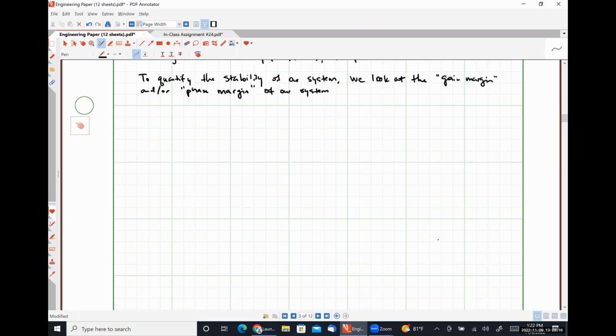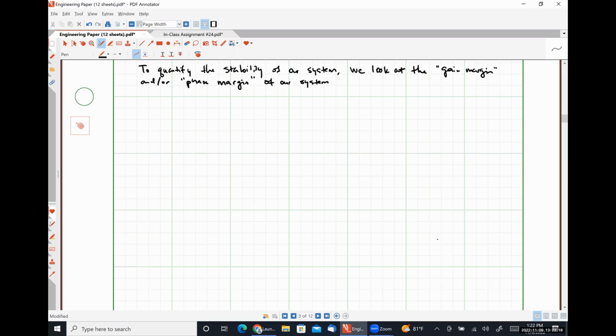So I am going to draw a frequency response plot over here on the right-hand side, and then I am going to define our gain margin and phase margin quantity. So let's say that the vertical axis here represents our gain with feedback measured in decibels.